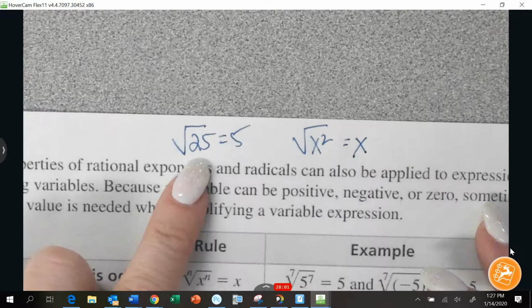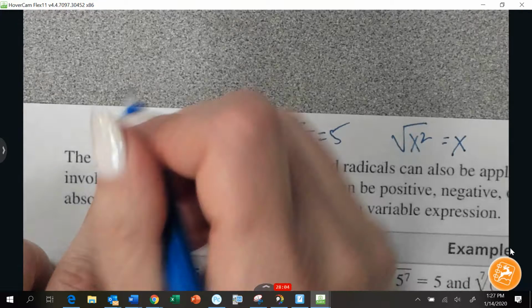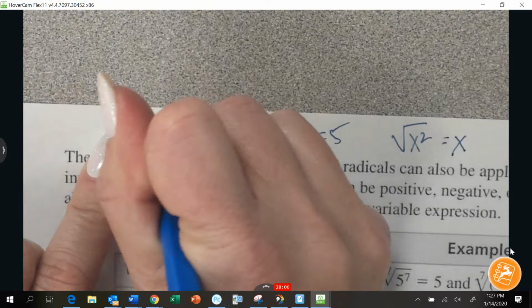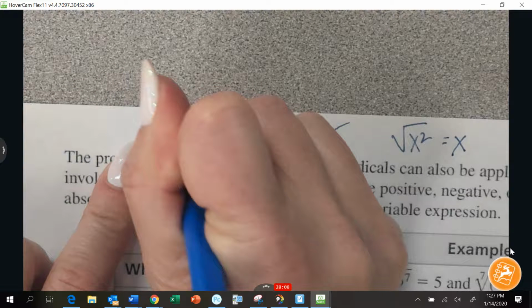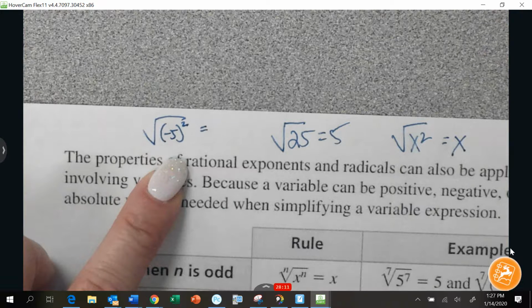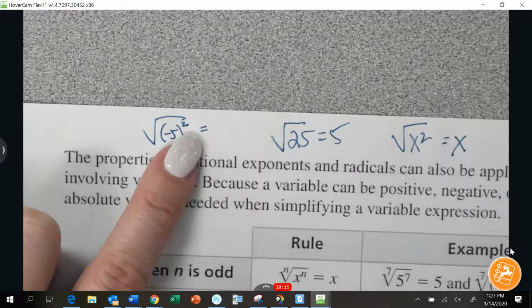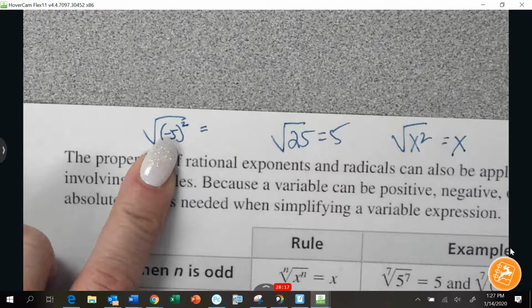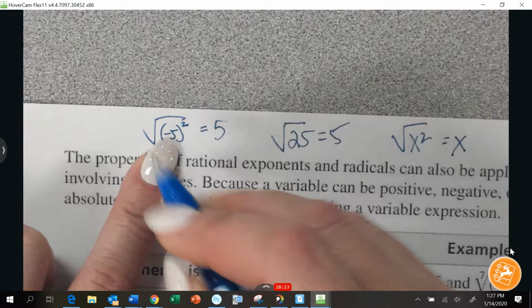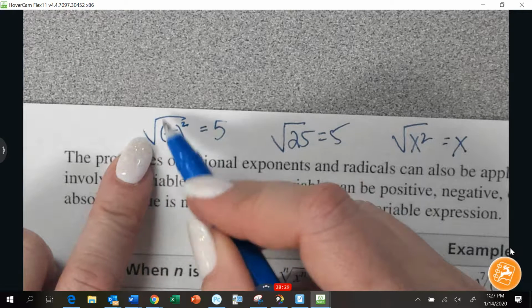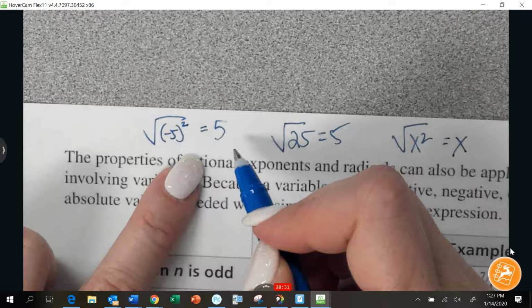If I rewrite this one like square root of negative 5 squared, what answer would this be? It's actually going to be positive. And you'd square root it, and it would be 5, right?